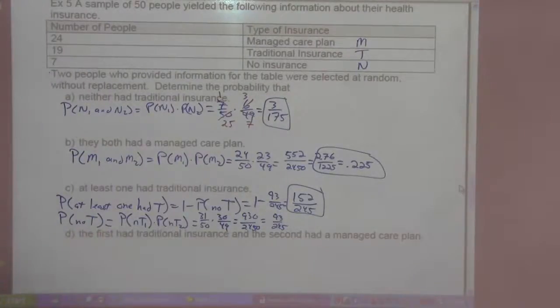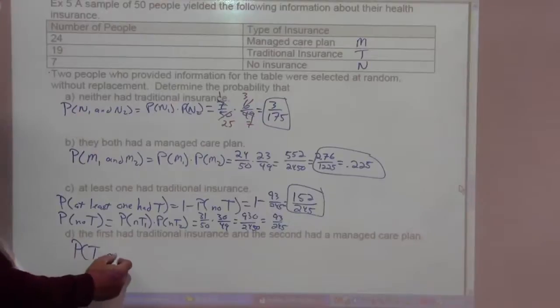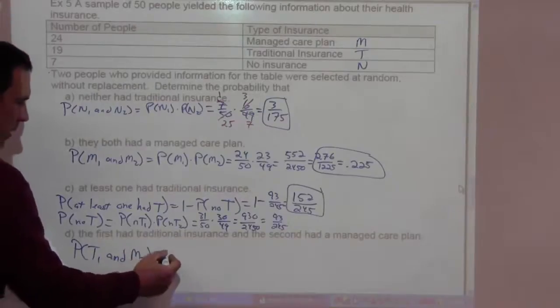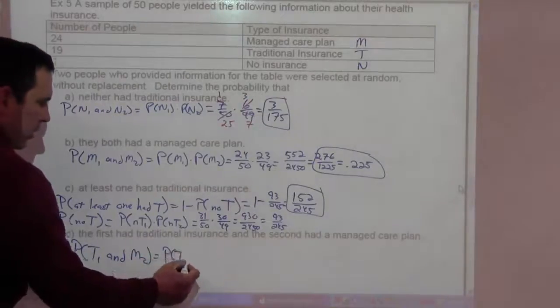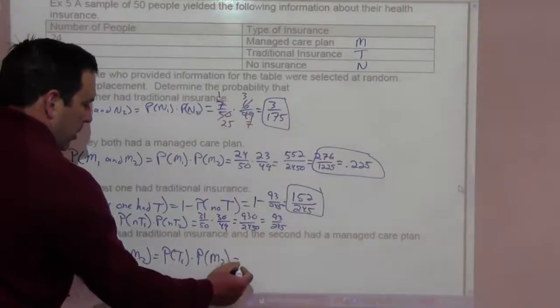And the last one from this example, probably the first had traditional and the second had managed care. So this probability of T for the first and M for the second. That's probability of T1 times probability of M2.